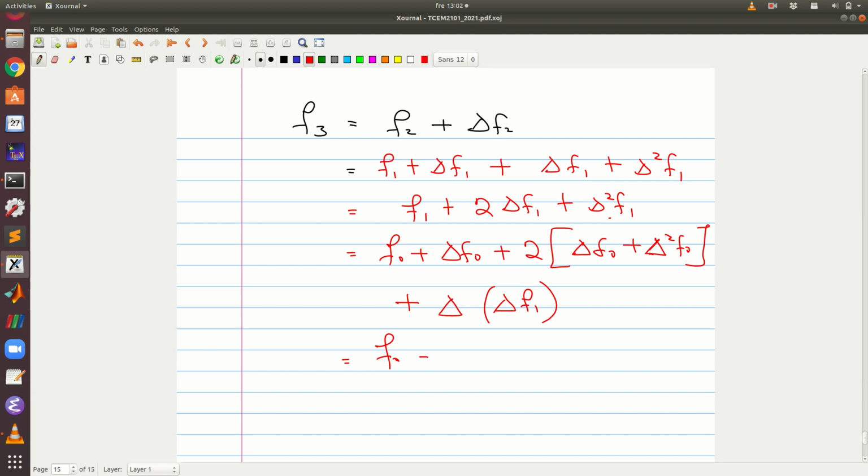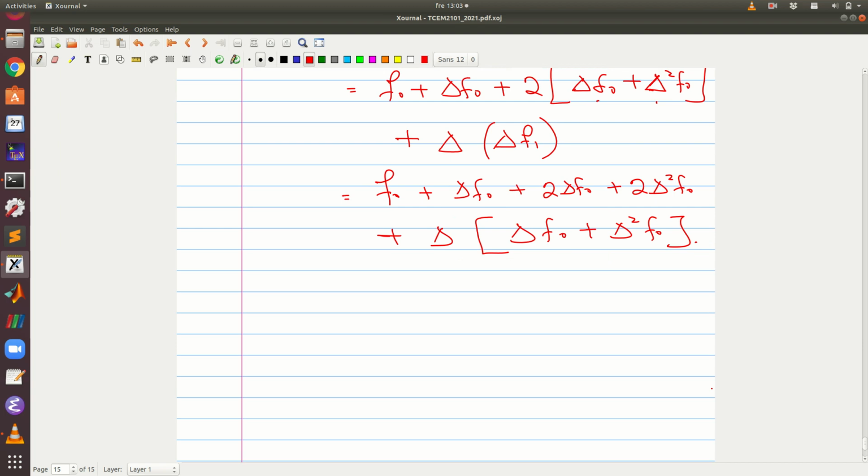We have F0, then we have the forward difference F0, then plus 2 forward difference F0, plus 2 second forward difference F0, then plus the forward difference of the forward difference of F1, which we already have here, which is forward difference F0 plus second forward difference F0.